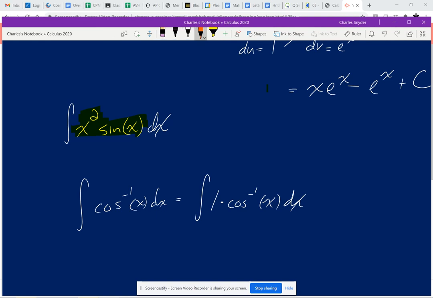But if you look, one of these two things is a function that goes down, like a polynomial function. So if you keep taking the derivative, it's going to go down to 0. And one of them is a repeater. The one that's the repeater is the one that's going to go in as dv. The one that's the descender is the one that's going to go in as u.